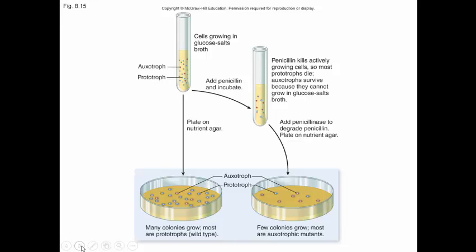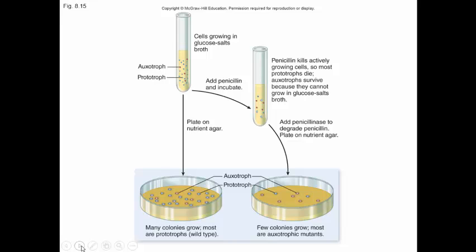What am I talking about here? First off, prototrophs can handle it. They're just like wild type. So they're going to be able to grow like nothing else. But if you add penicillin and you incubate it, all the prototrophs are going to die out. That's because of the presence of penicillin. Auxotrophs will not be able to reproduce in that short period of time, because they are in with the prototrophs in the same media, which is glucose salts broth, which means auxotrophs will not be able to take off and grow.